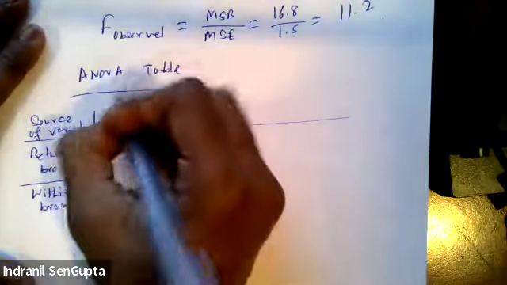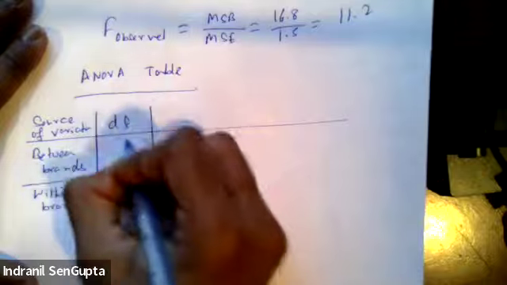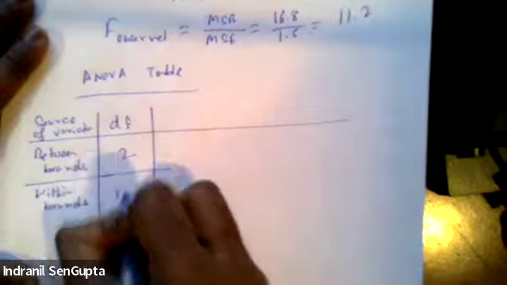Now the degrees of freedom: this is 2 and this is 12.